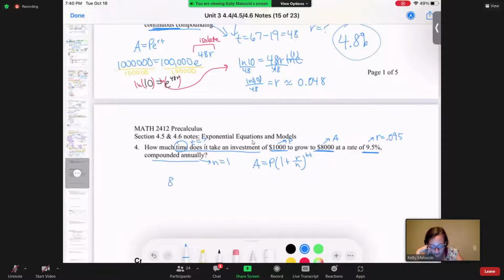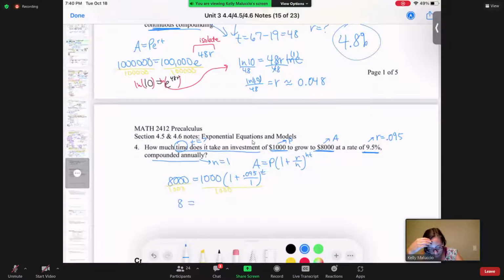So I'm going to write this out. 8,000 equals 1,000 times (1 + 0.095/1) to the T. You don't really need to write the 1 if it's annually. I'll divide by 1,000 to make this a little nicer.